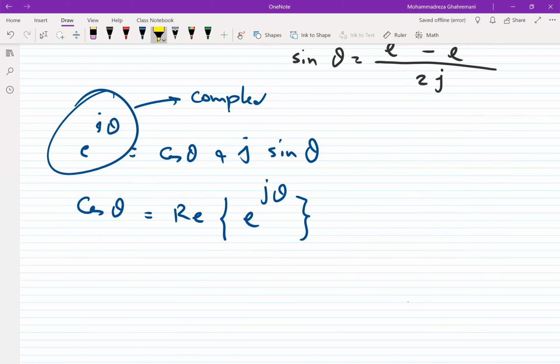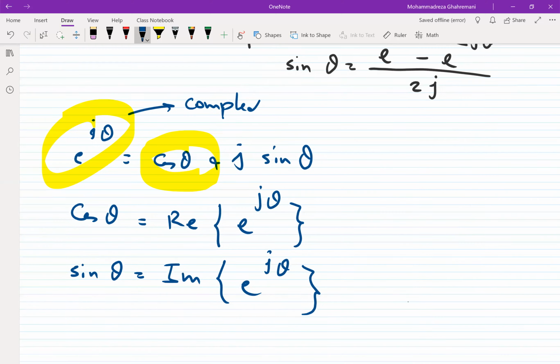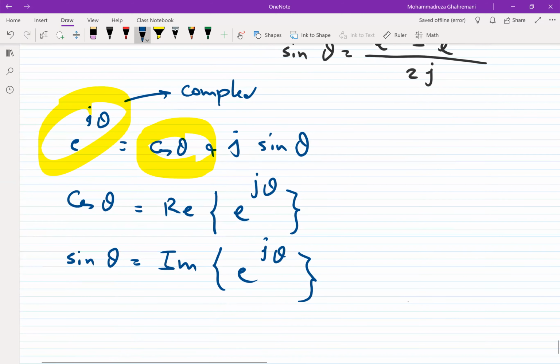If you look at this equation, we see that cosine of theta is the real part. In the same way, sine of theta is the imaginary part of e to the j theta. So we learned Euler's formula and the relationship between e to the j theta and cosine and sine.